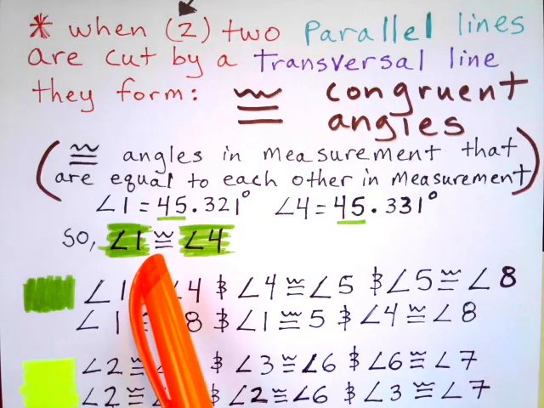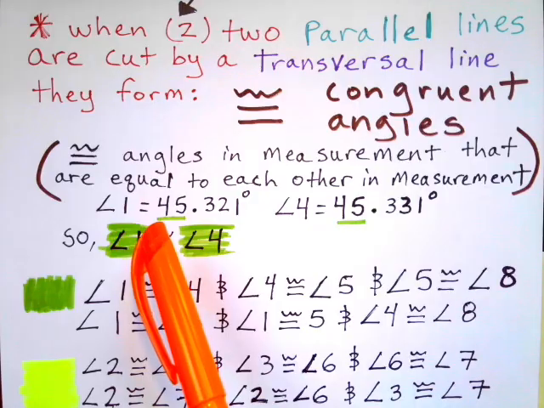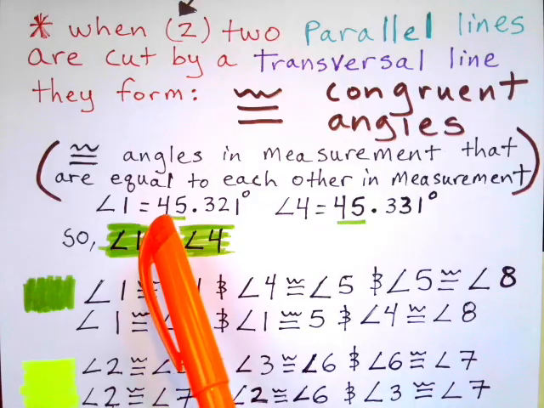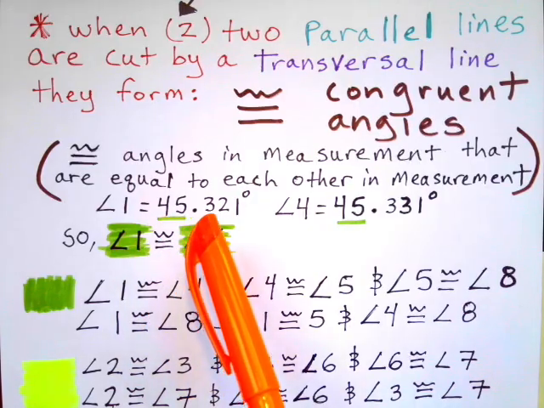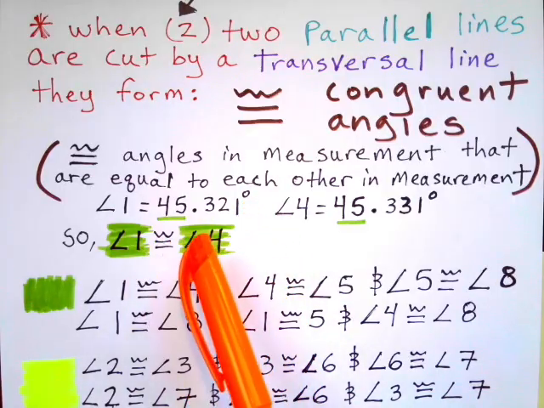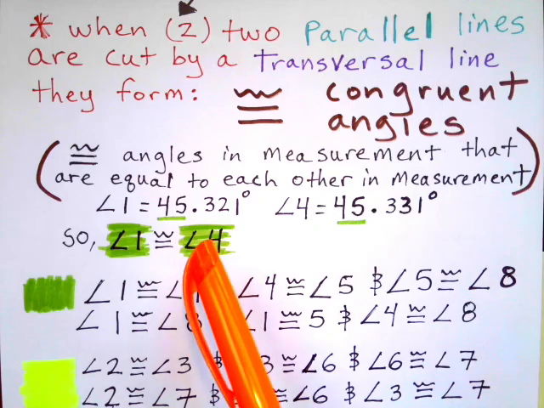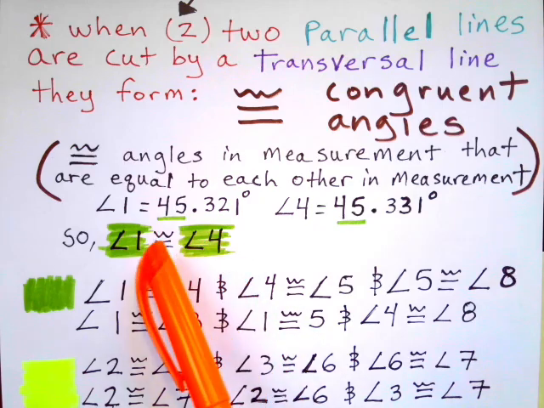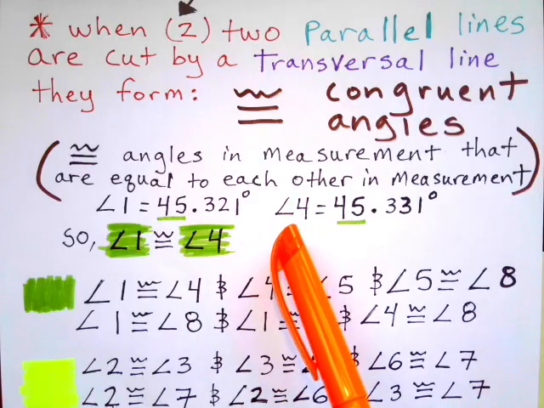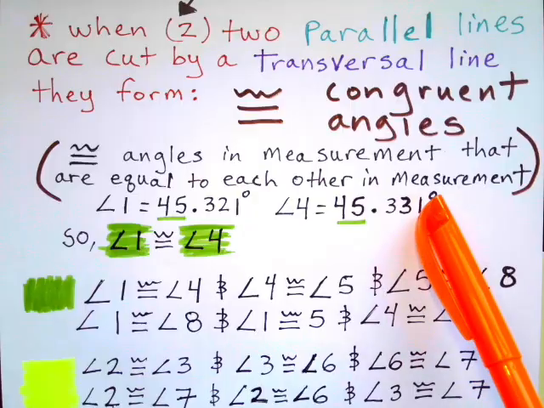Okay, and with angles, we're measuring these angles. So angle 1, for example, I'm making this up, let's say it measures 45.321 degrees. It's congruent, or almost exactly equal, to angle 4, but it's not exactly equal. So we say it's congruent. Angle 4 measures 45.331 degrees.